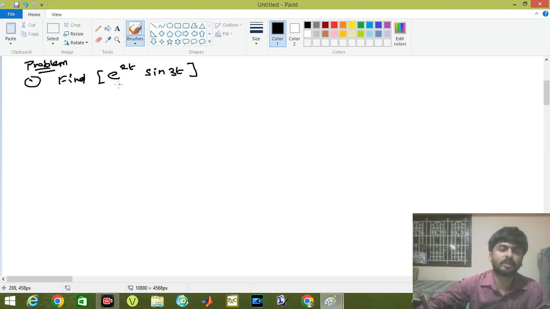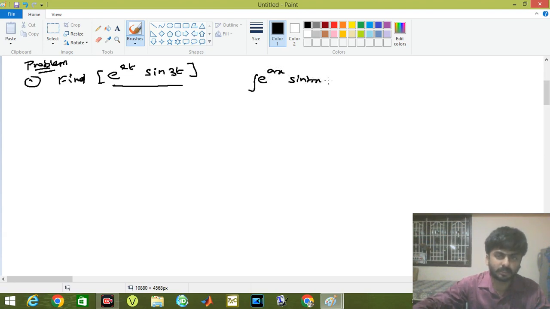So here they have given e power 2t into sine 3t. First of all, we have to know what is the integral of e power ax sine bx with respect to x.